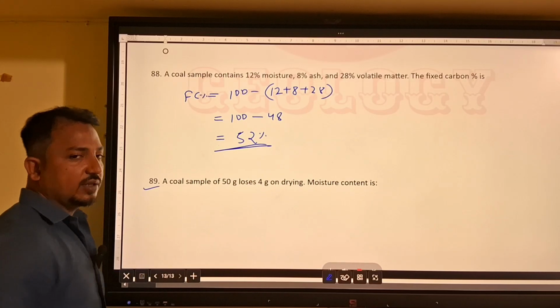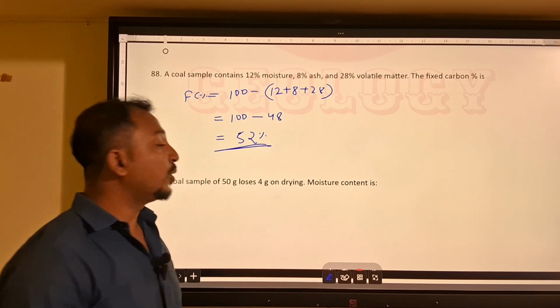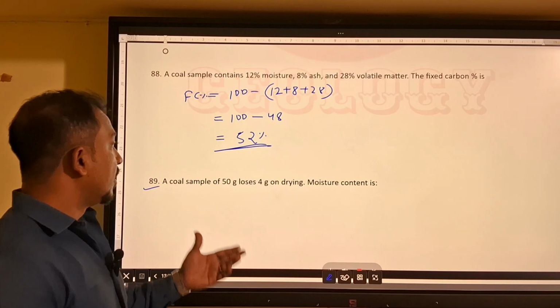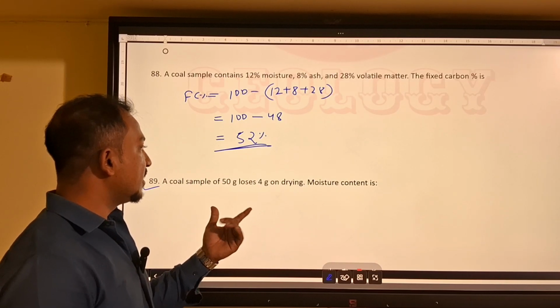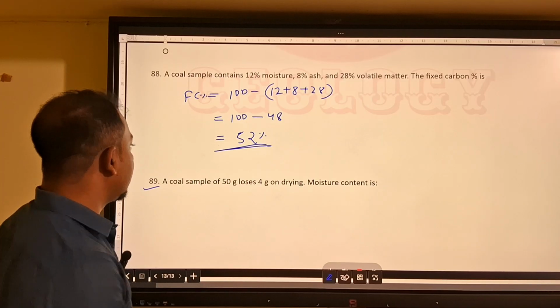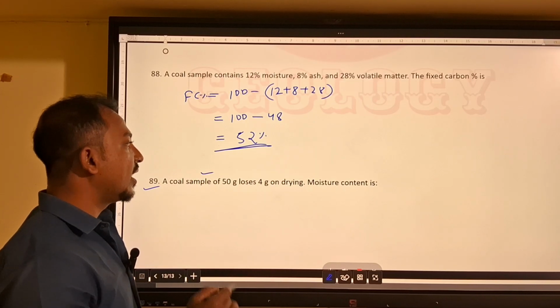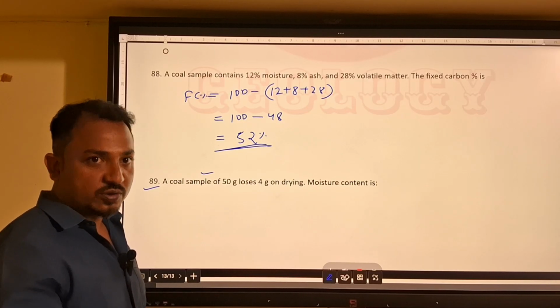Then this is also a very easy question. A coal sample of 50 gram loses 4 gram on drying, with the moisture content. So it is a very easy, or you can say straight question, or it can be twisted like this. A coal sample has weight of 50 gram, then after removal of the moisture, it reduces to this much.